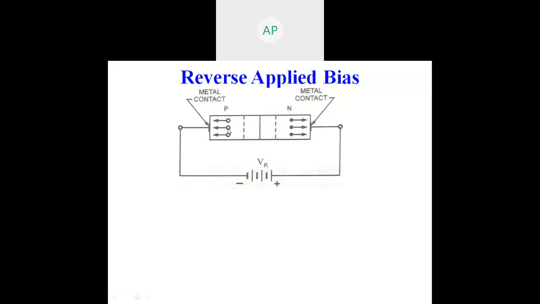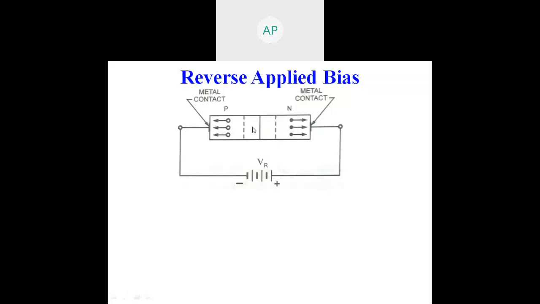Similarly, majority holes from the P side do not combine with the N side, since the barrier is more. So there is no recombination of the majority carriers of the P side and the N side. Therefore there will be no movement of electrons and holes due to the majority carriers.